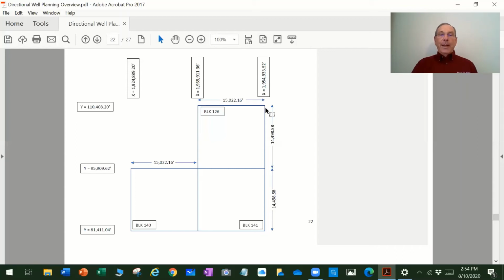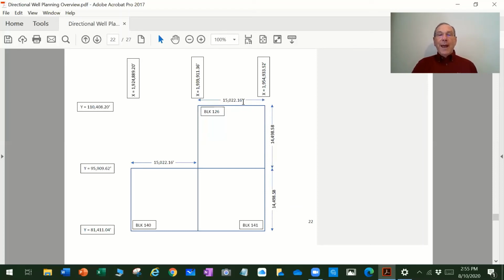That gave the X and Y values, an arbitrary grid system that was set up so that any company could lease Eugene Island block 126, and you would know exactly your operating area, your boundaries that you can operate in and drill a well. So we know the distances east and west and north and south.